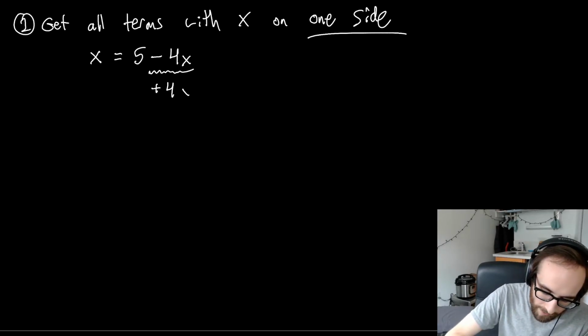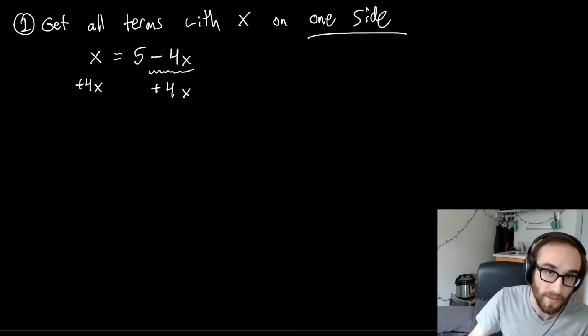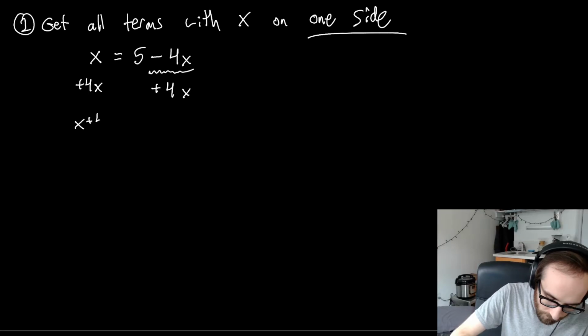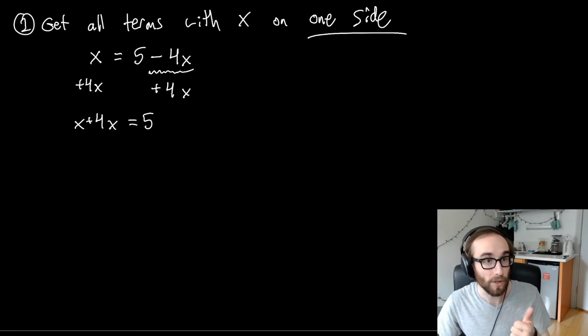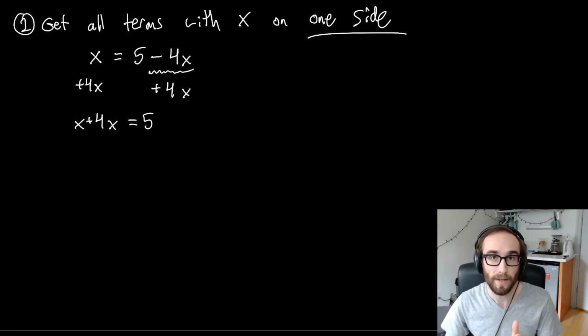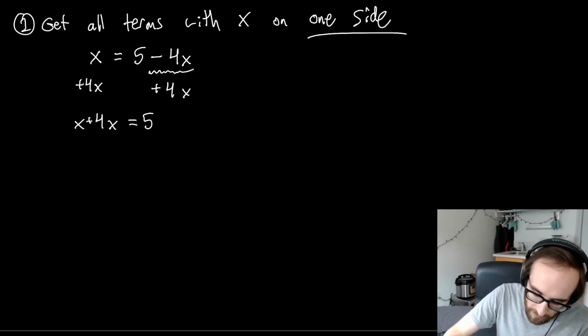We can add 4x. And because we're adding 4x to the right side, we have to add it to the left side also. So we end up with x plus 4x equals 5. So we're good. We got both of our x's on the same side. This is helpful because when our x's are together on the same side, we can then combine like terms.